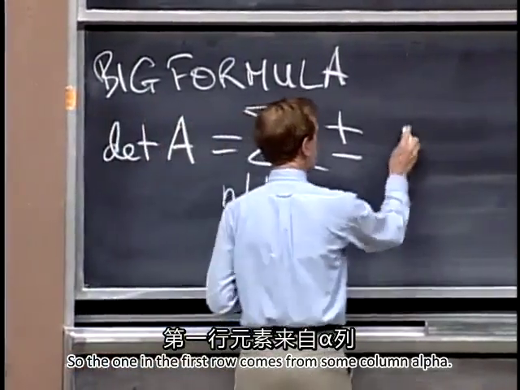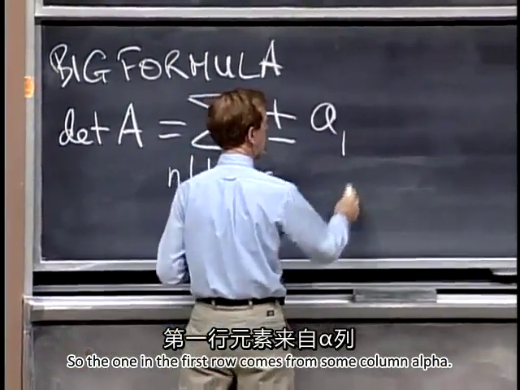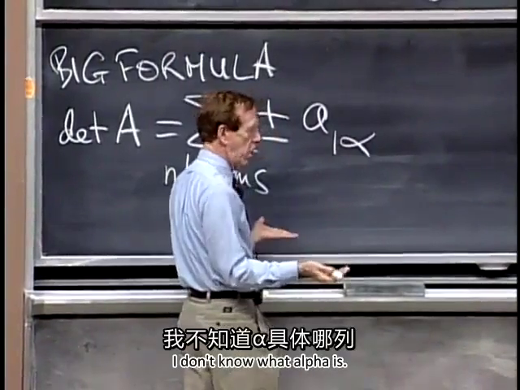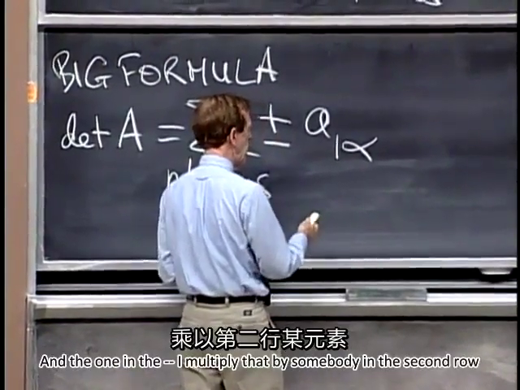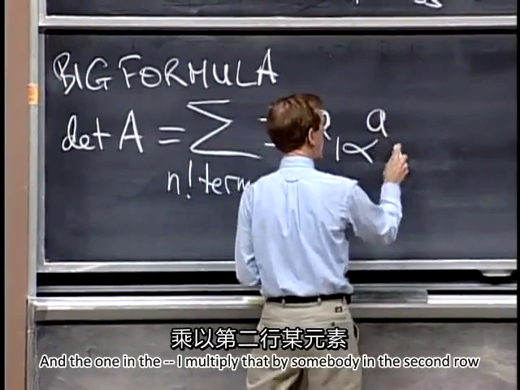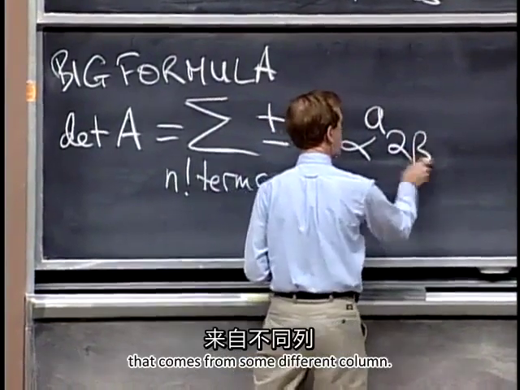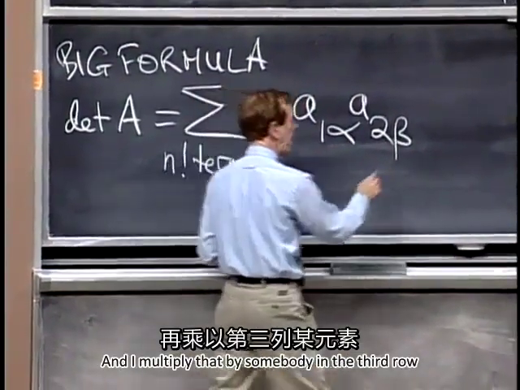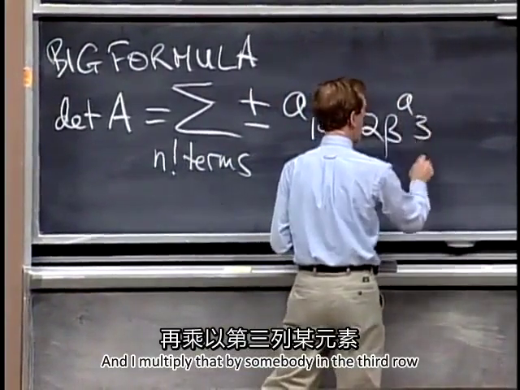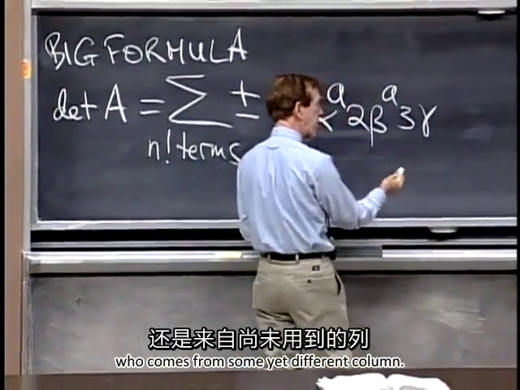So the one in the first row comes from some column alpha. I don't know what alpha is. And I multiply that by somebody in the second row that comes from some different column. And I multiply that by somebody in the third row who comes from some yet different column.